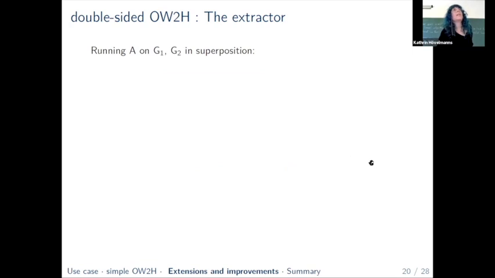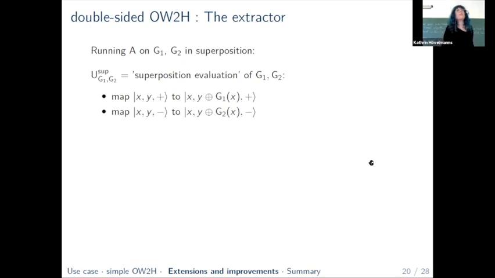So first I'll explain what it means to run A on G1 and G2 in superposition. To this end, I first define a new unitary I call U_sup for superposition of G1, G2. And what it does, it takes as input registers the oracle input-output registers X and Y, and another bit register that indicates which of the two random oracles it is supposed to use.